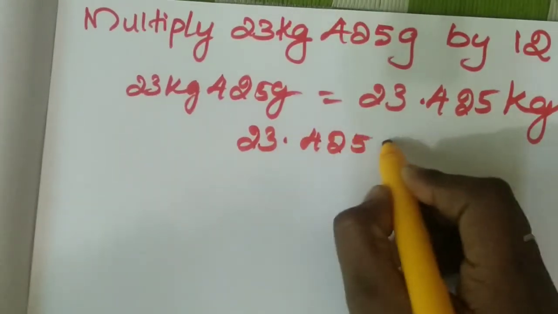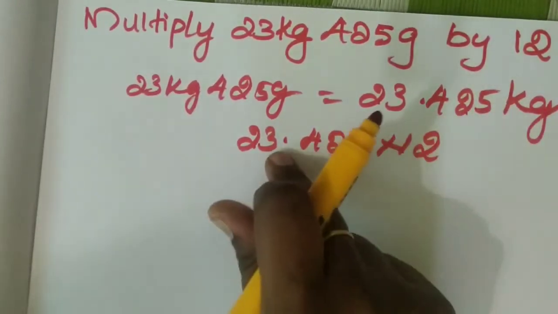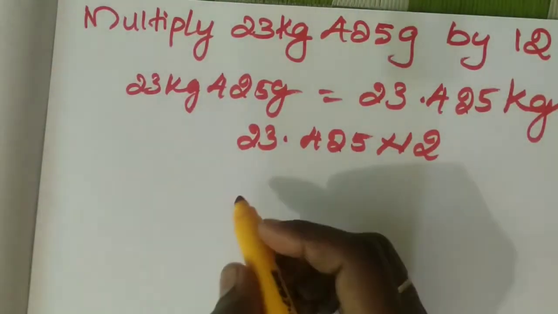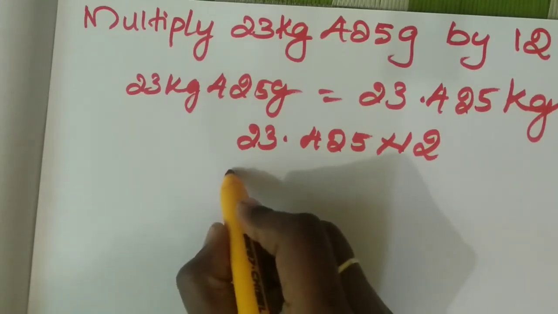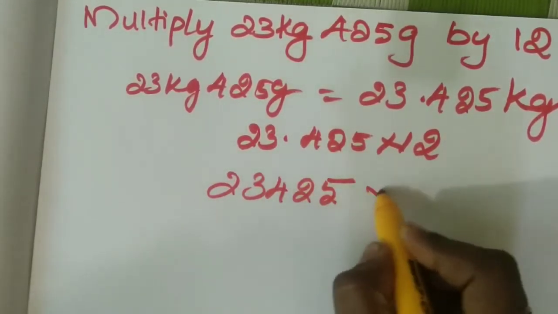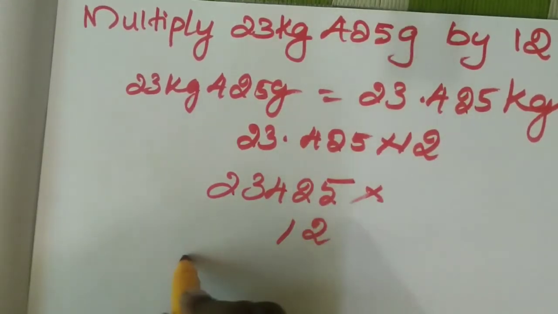23.425 into 12. Ignore the decimal and multiply first. Afterwards, we can keep the decimal point. So 23425 into 12.